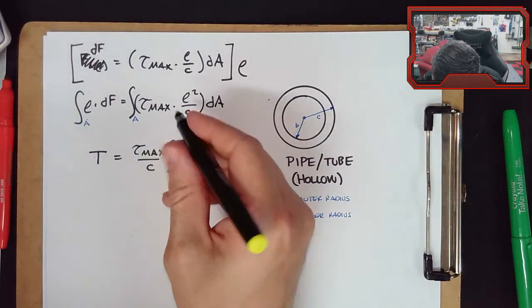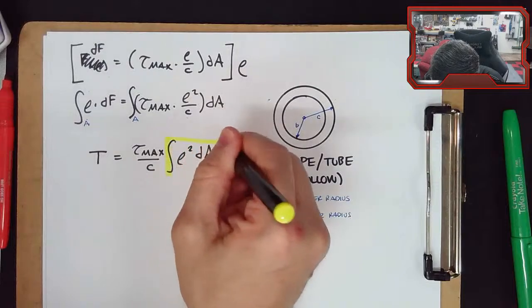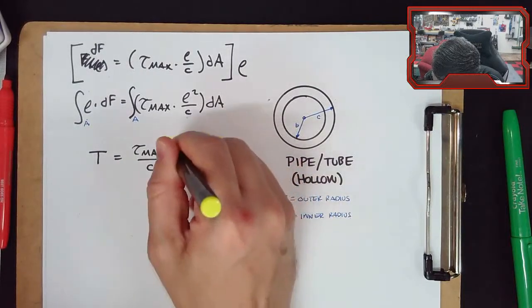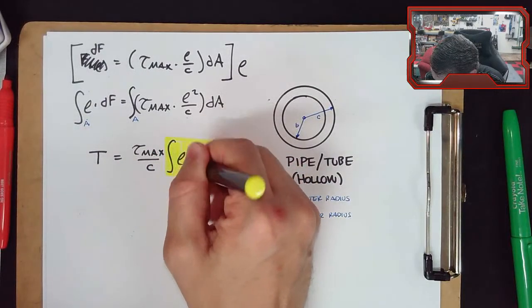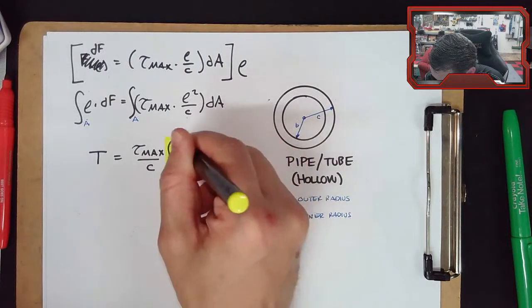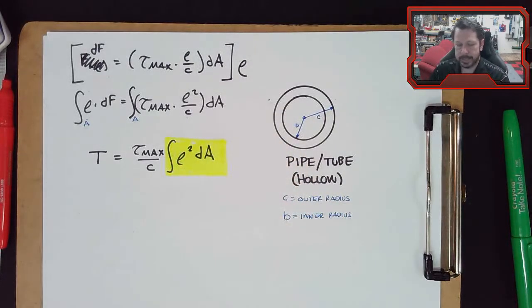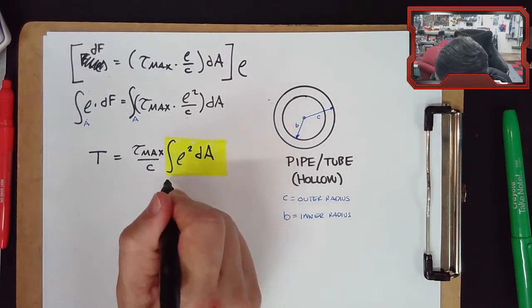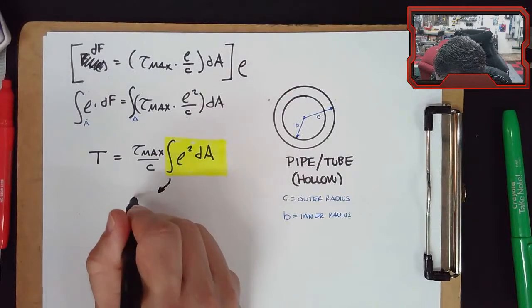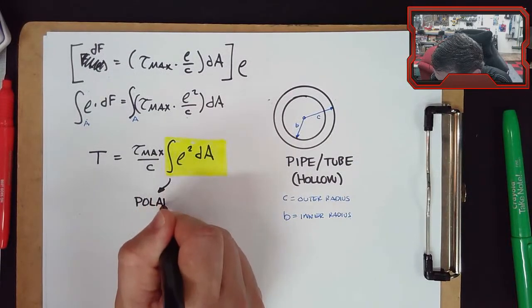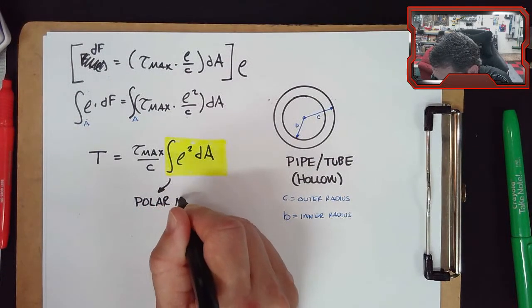This term is going to be different for every cross section, right? Because everyone has different size diameters, internal radius and external radius. This thing is called the polar, and there's a couple of different things you can say. Polar, what I will mostly say is moment of inertia.